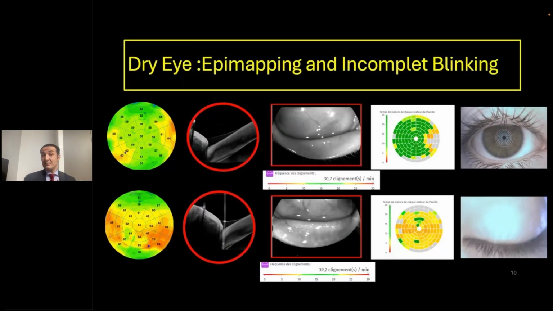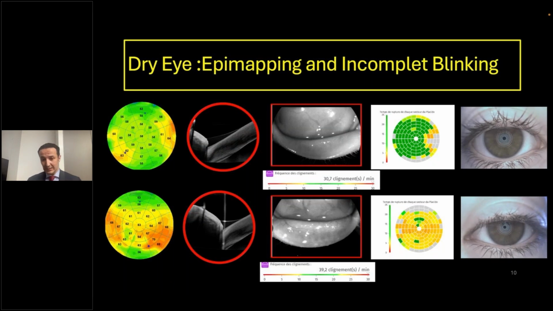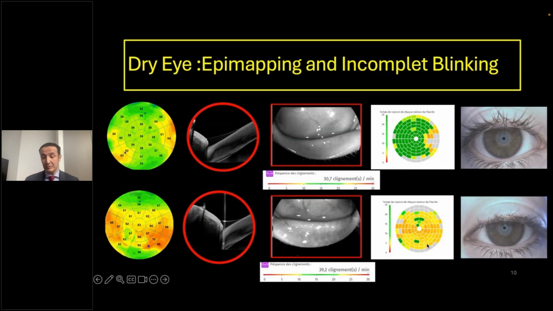So we can manage the dry eye patient with the epithelium mapping, and look, in this case, you can observe the incomplete blinking, and the high frequency of blinking is correlated with the severity of the meibomian gland dysfunction, and also with the short breakup time, and with the importance of hyperplasia, more pronounced on the left eye.